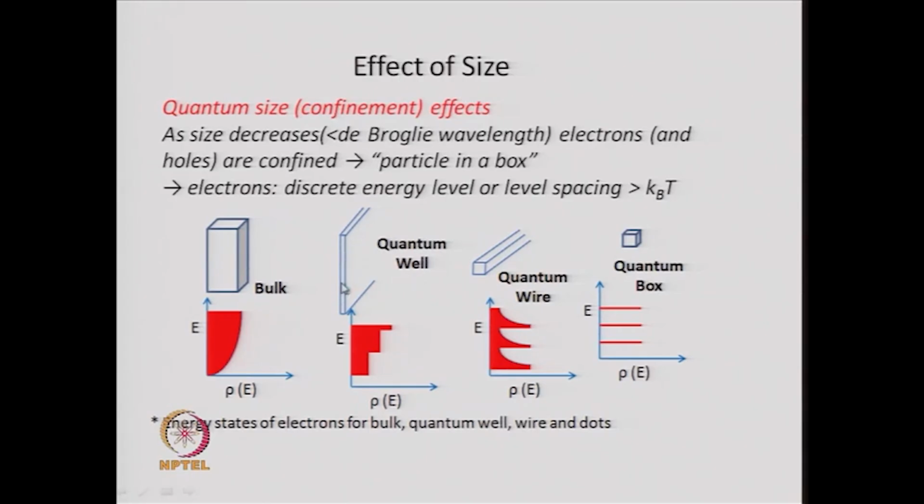So, in this quantum well, what happens in terms of electrons and their energies? In the bulk, we know that the energy of the electron changes as the number density. This is called the number of electrons per unit change in energy, or energy difference between E and E plus delta E. So, what is the electron density for a small change in the energy?